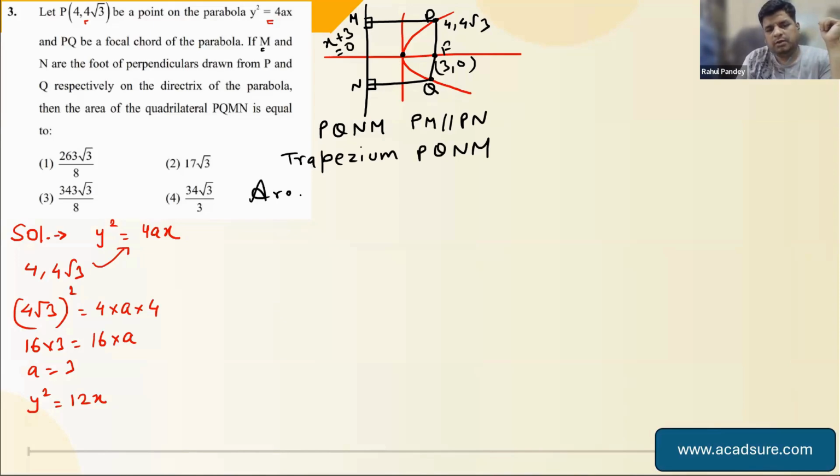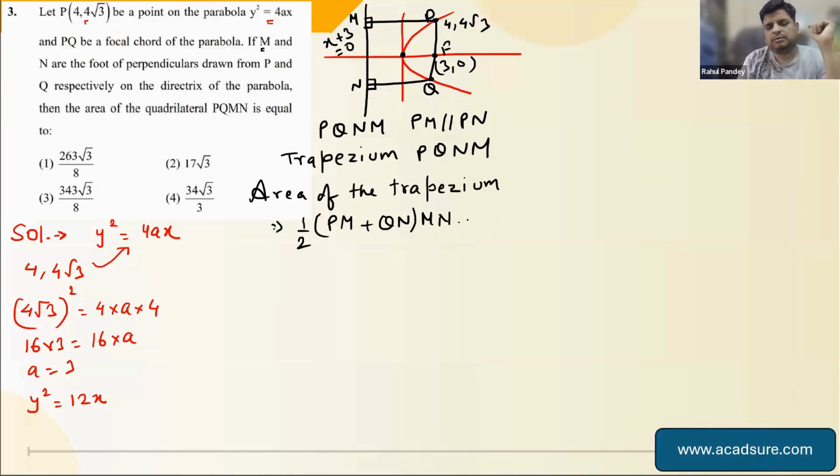And the area of the trapezium would be half into the sum of parallel sides PM plus QN into the distance between them, which is MN. Okay, so let's find the area.